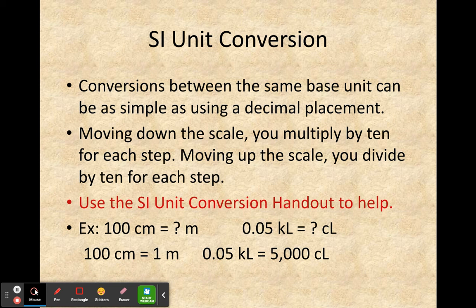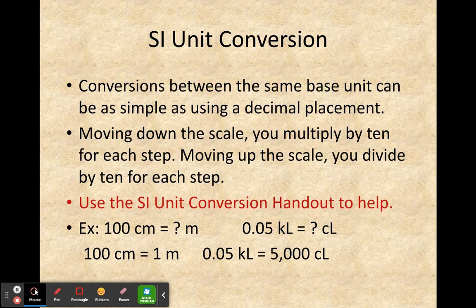So if we look at the examples, it tells you the answers, but we have 100 centimeters and we want to convert it to what? We want to convert it to meters, right? So if your base unit is in the middle of the chart, and then if you go over, what's the prefix?